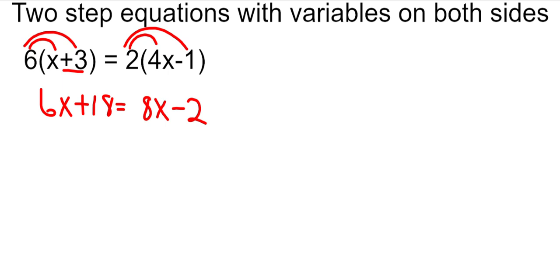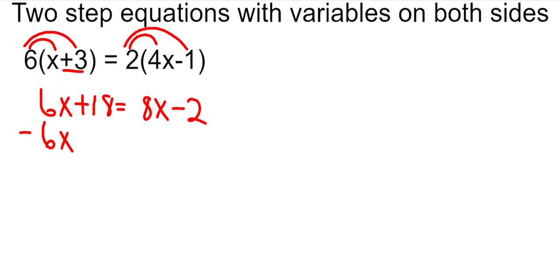So if I look at this and I say, hey, I want to work with positive x's, I can either subtract 6x from the left or subtract 8x from the right. But if I subtract 8x from the right, I will be left with a negative x on the left. And I don't want to do that. So I'm going to subtract 6x's from the left.